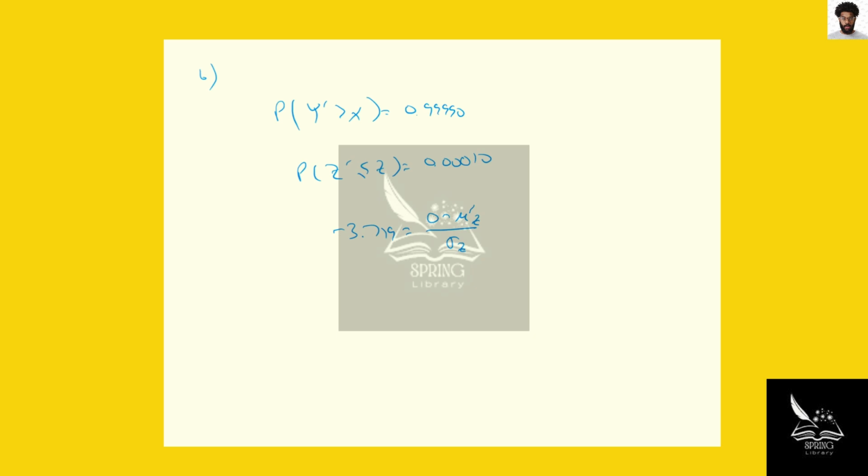Mu prime Z is equal to mu prime Y minus mu X, and solving for mu prime Z, negative 3.719 would be equal to (0 minus (mu prime Y minus 11,000)) over 2830.19.